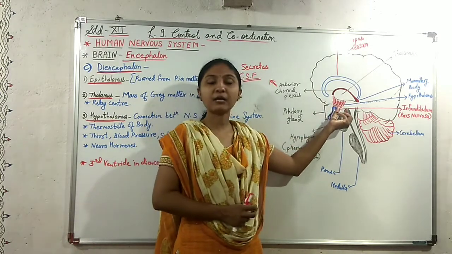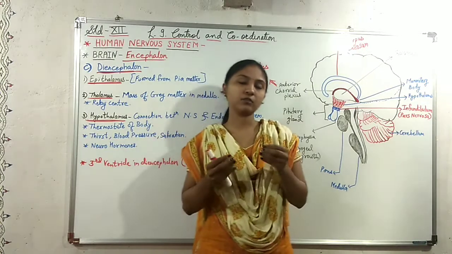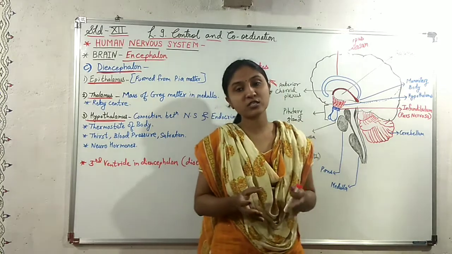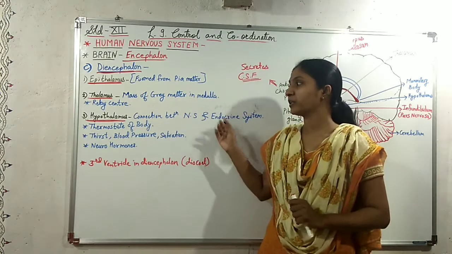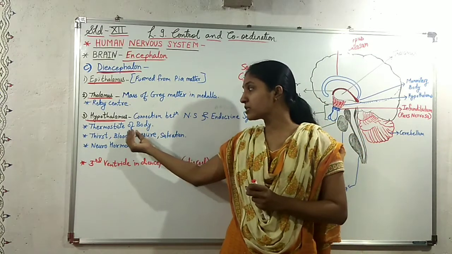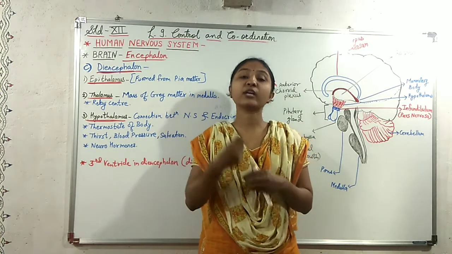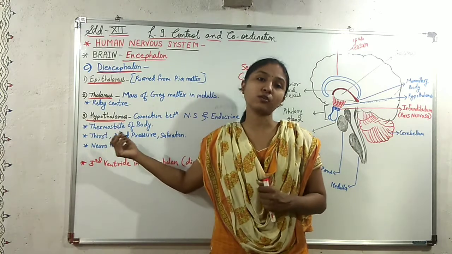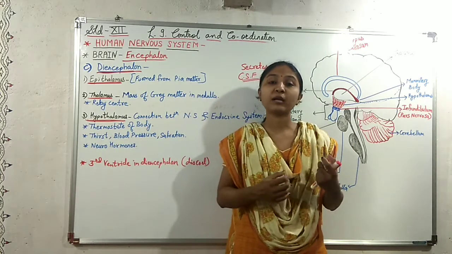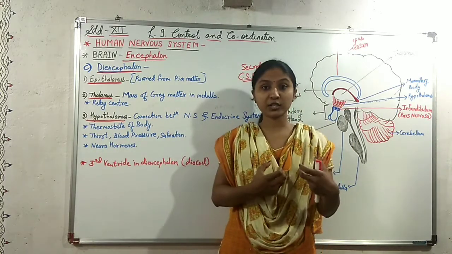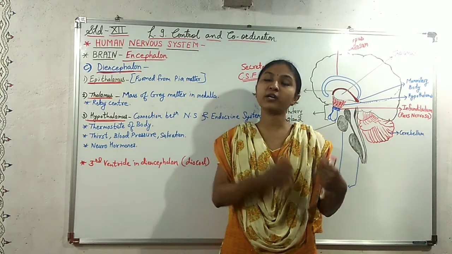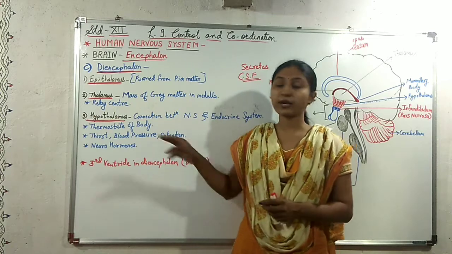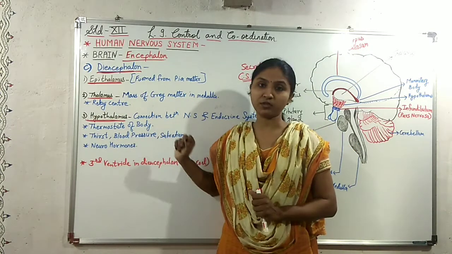Whereas the hypothalamus acts as the connection between the nervous system and the endocrine system. Also, the hypothalamus regulates the body temperature. That's why it is also called the thermostat of the body.